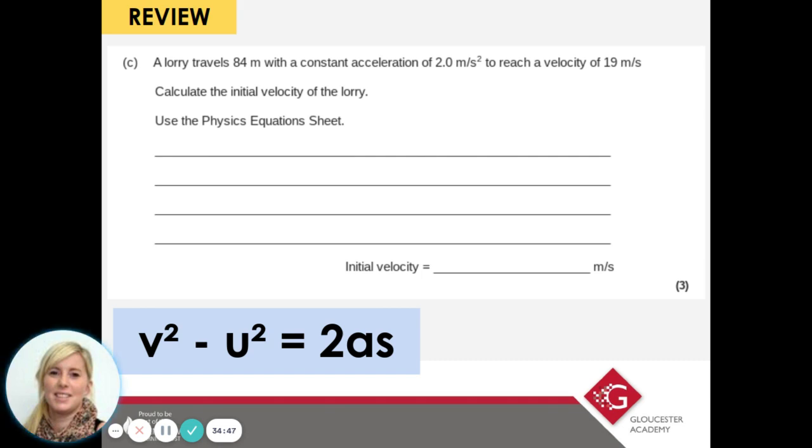So for the side that is 2 times a times s, you should have that side coming out as 336. And then we need to know what v squared is. It says in the question to reach a final velocity of 19. So what we've got now is 19 squared minus question mark for u, because we don't know what u is.